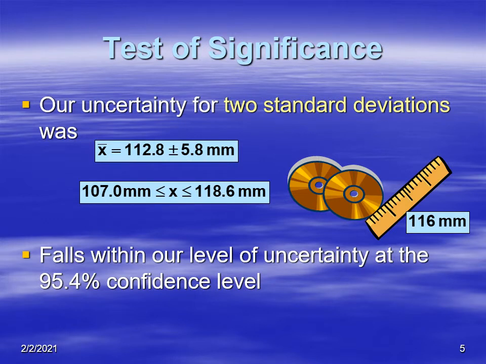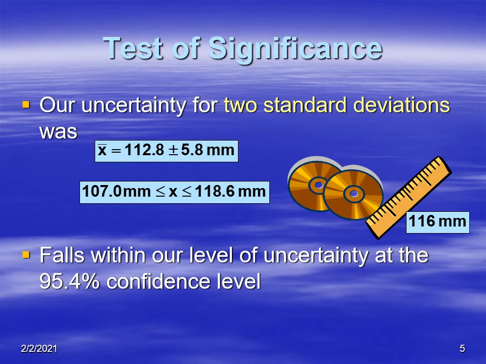If we pick two standard deviations, then we're willing to accept more randomness and less precision. That would give us 2 times 2.9, which is 5.8. So that means we're willing to accept values from 107 millimeters all the way up to 118.6 millimeters in diameter for those CDs.